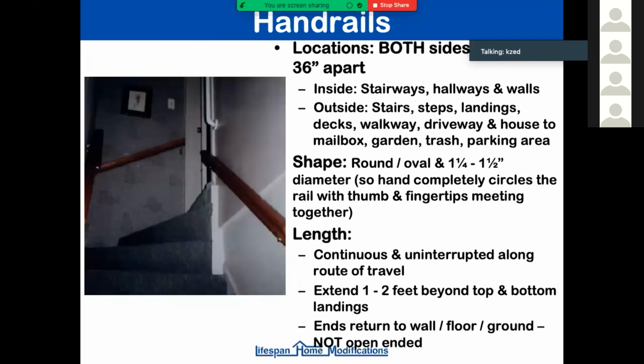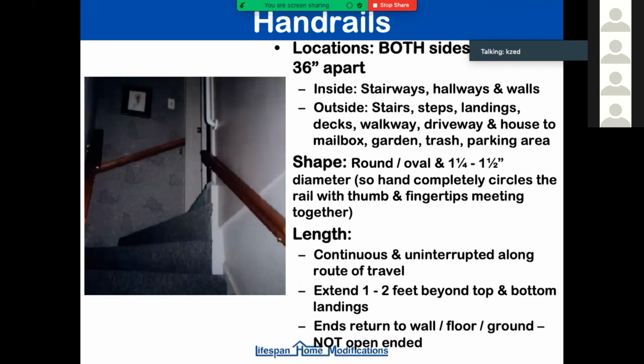So we want handrails on both sides of the stairs, and they can go inside stairways, halls, walls, outside stairs, decks, landings. Common thing that I find is that people don't know the importance of round handrails.